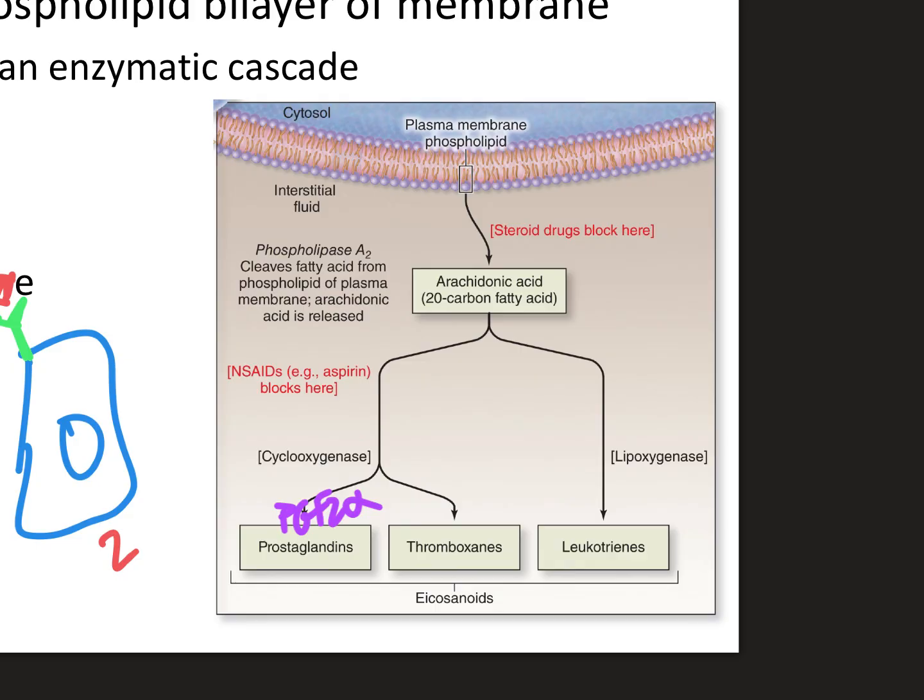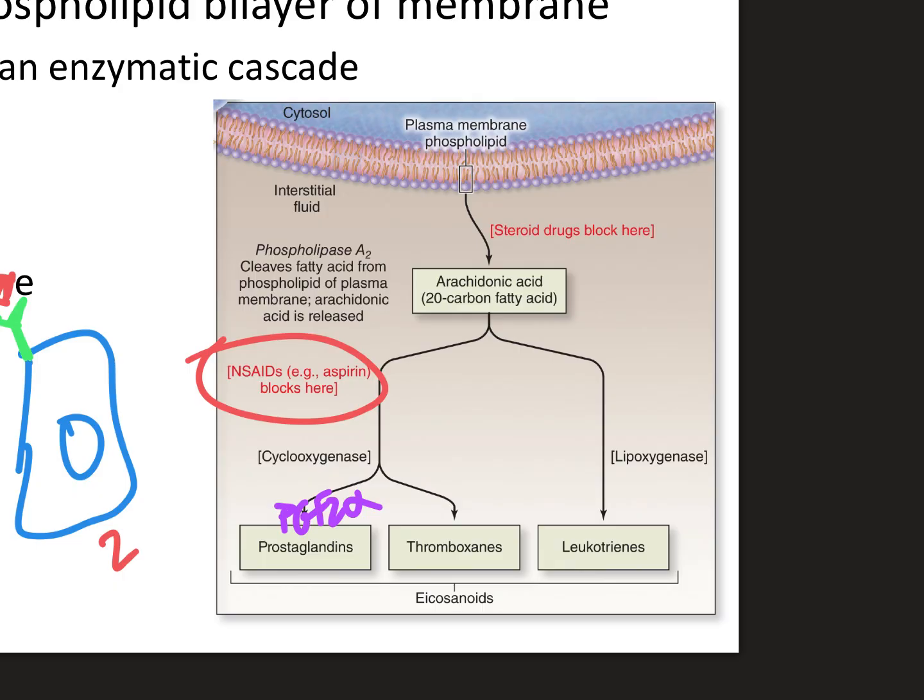What's the importance of that? Well, you may have heard of these things called NSAIDs, non-steroidal anti-inflammatory drugs. The commercial names include Advil, Aleve, Tylenol.